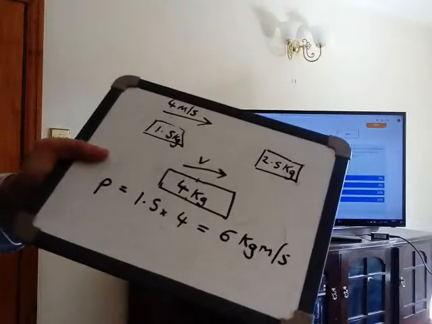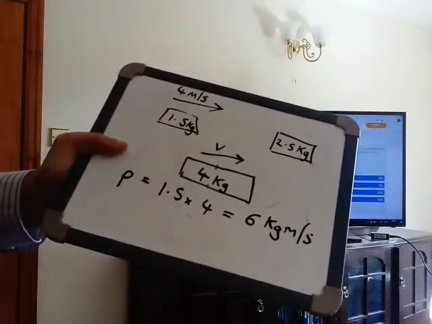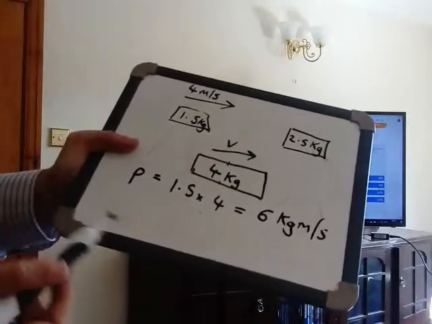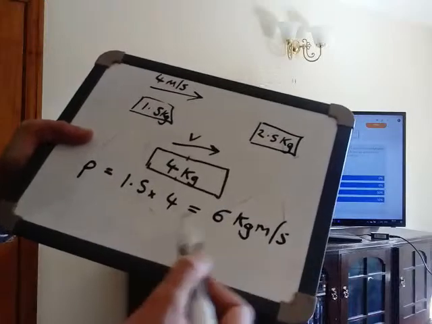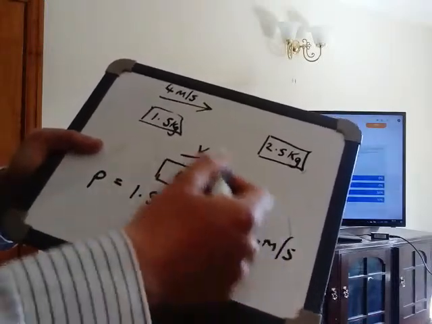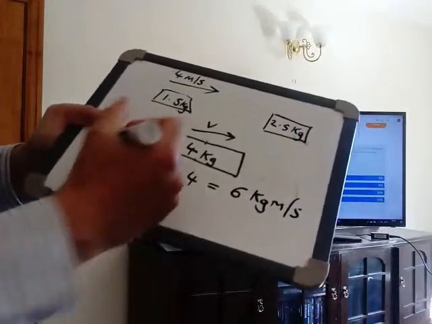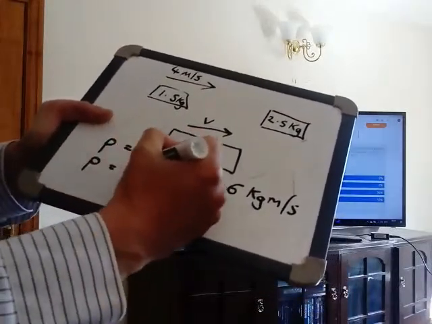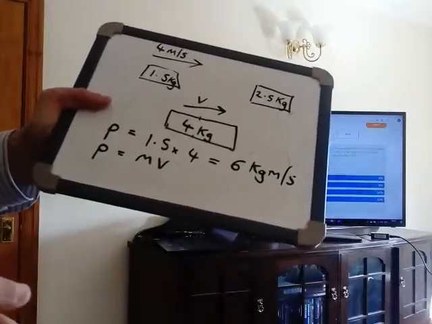That's not the final answer here. We're being asked to find out the velocity afterwards. And the law of conservation applies here. If you had 6 kilogram meters per second of momentum beforehand, then this still has 6. So you reuse the equation. We're using the P equals mv equation again, but we're putting the numbers where we know them.